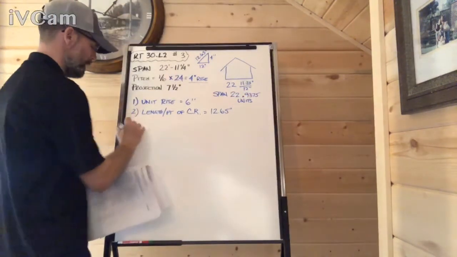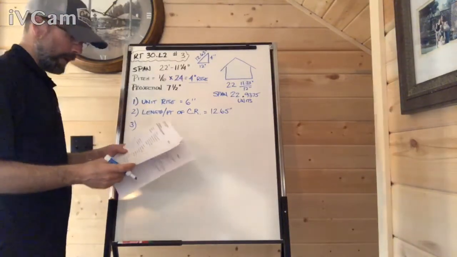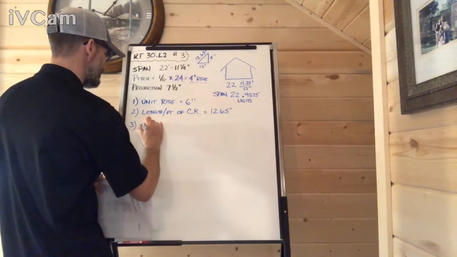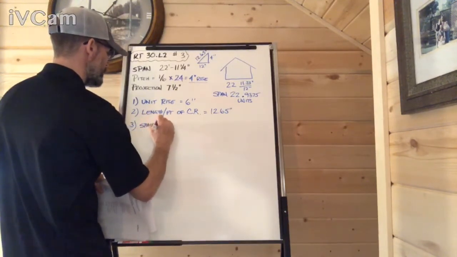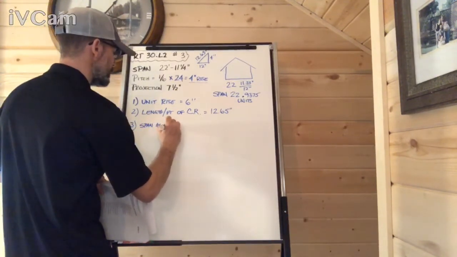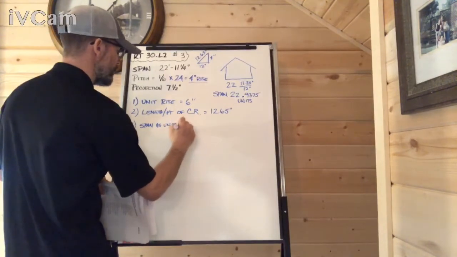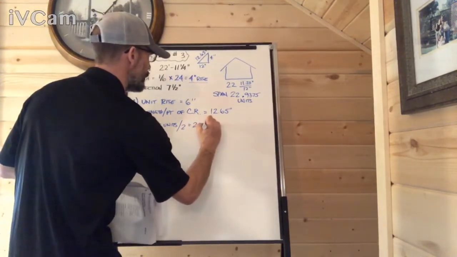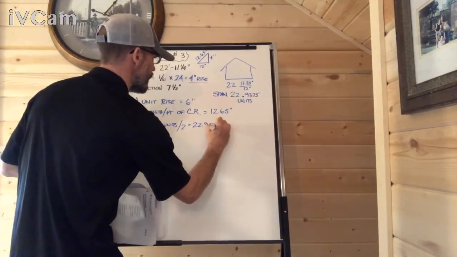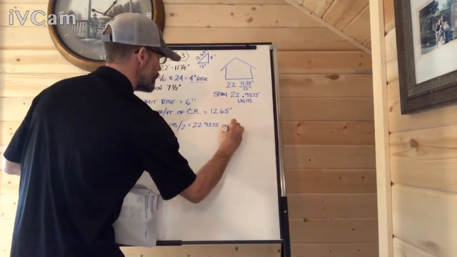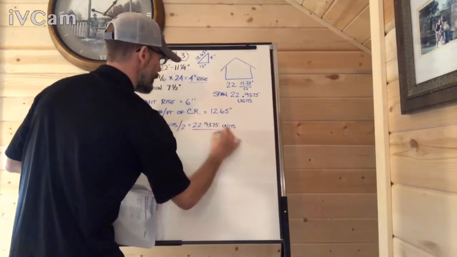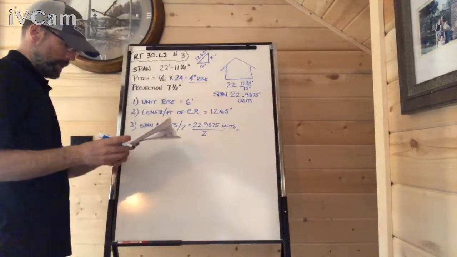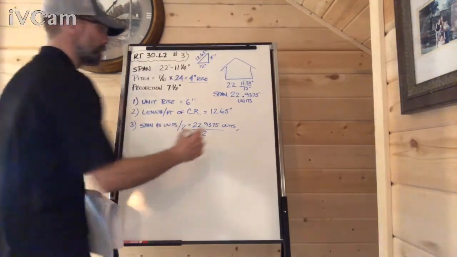Number 3 is asking me for half the span. So I'm taking that span as units and dividing it by 2. 22.9375 units divided by 2 gives me 11.469.